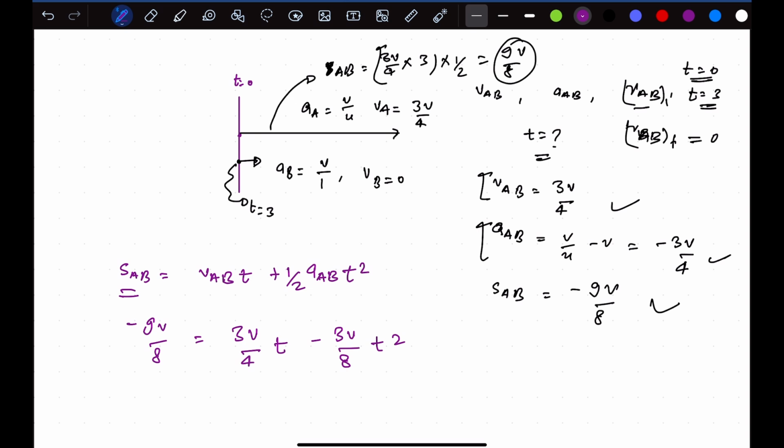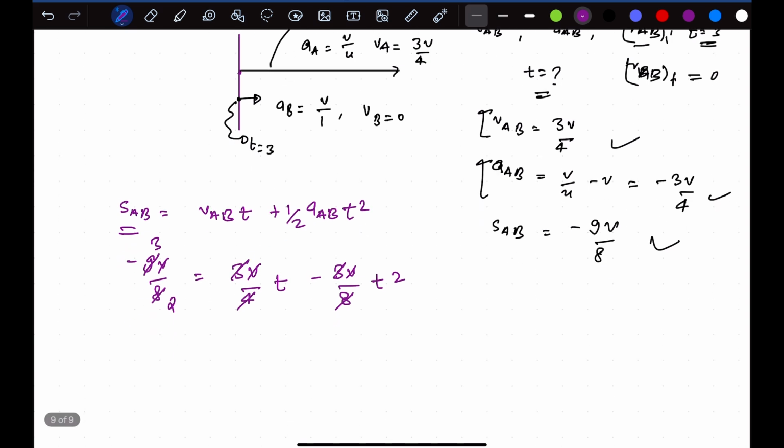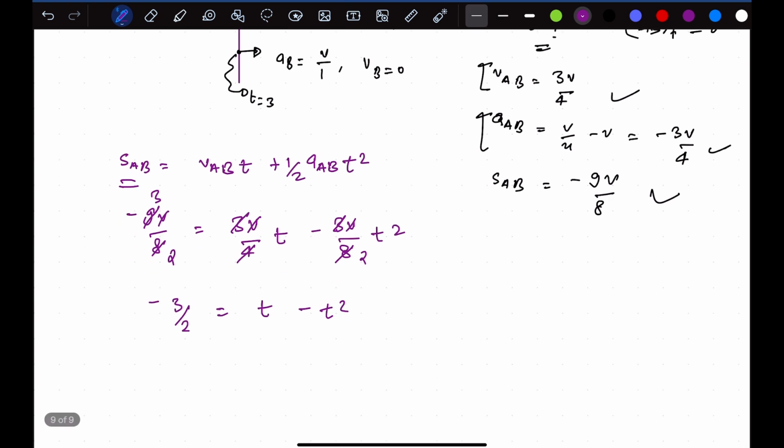So basically 3v by 4 I can cancel out. Here we will get 3 and here we will get 2. So we are getting minus 3 by 2 equals t minus, here also we'll get 2, so minus t square. If you multiply with 2, the equation is minus 3 equals 2t minus t square.